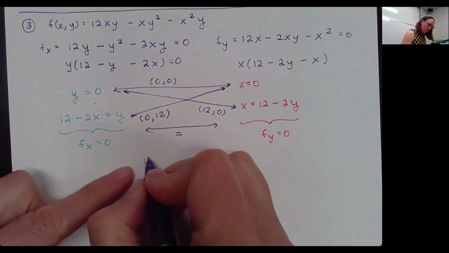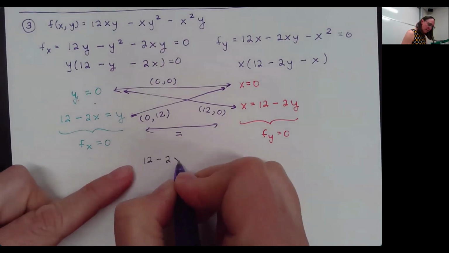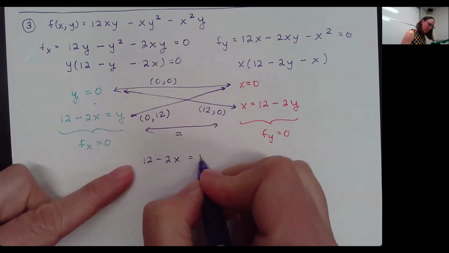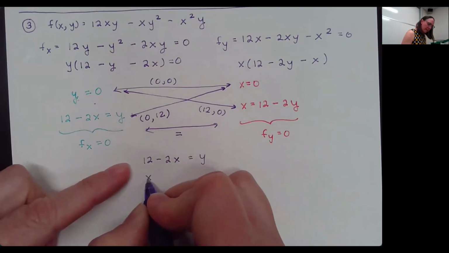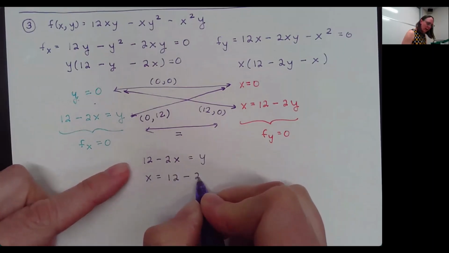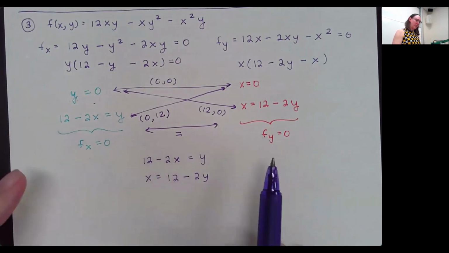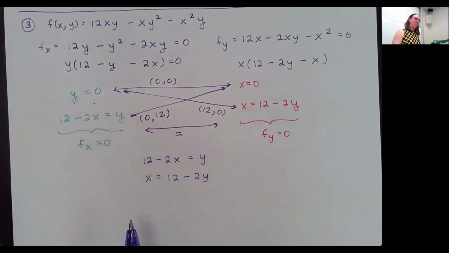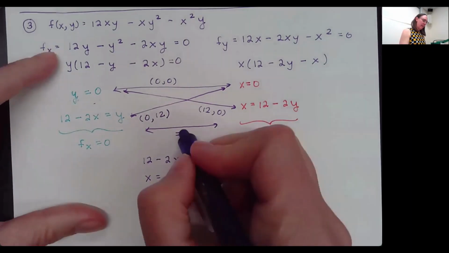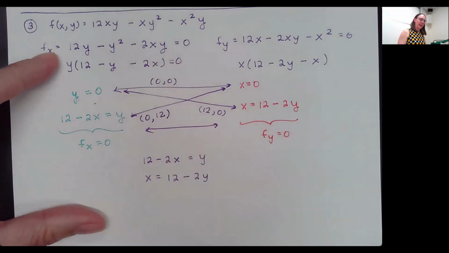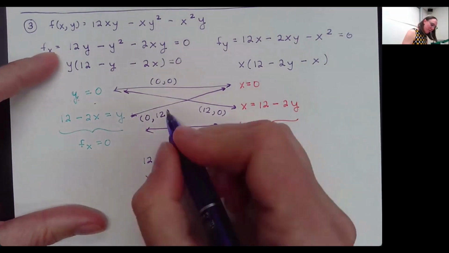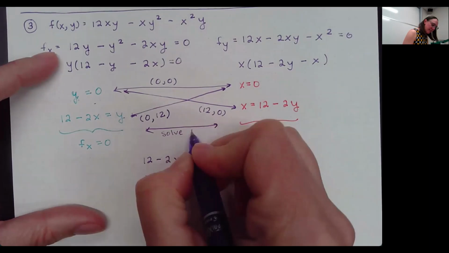So now I need to solve 12 minus 2x equals y, and x is equal to 12 minus 2y. You can solve that system however you feel like. I'm not really setting them equal to each other. I just need both of them to be true at the same time. Maybe there's a better way I could indicate that. We need to solve this system.